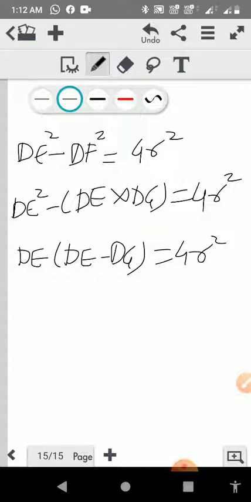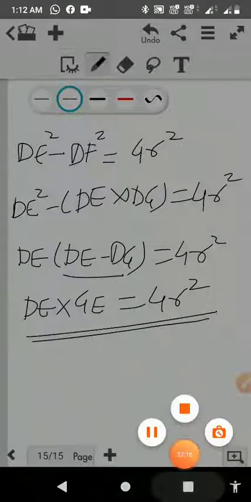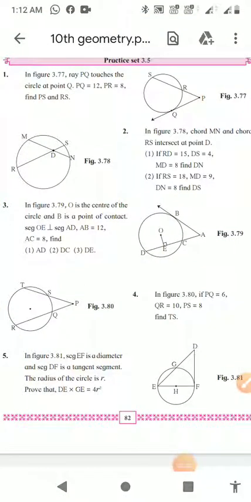From this diagram, DE minus DG is nothing but GE, which is equal to 4r square, and that is what I have to prove. So in this way you can easily prove this: DE into GE equal to 4r square.